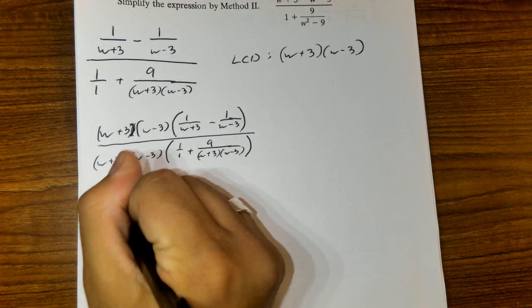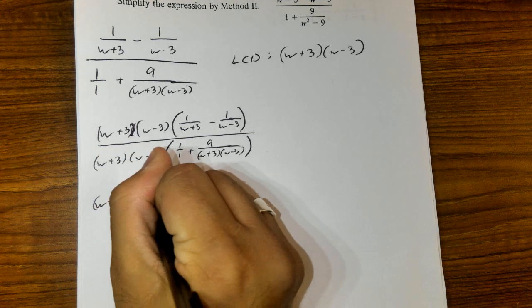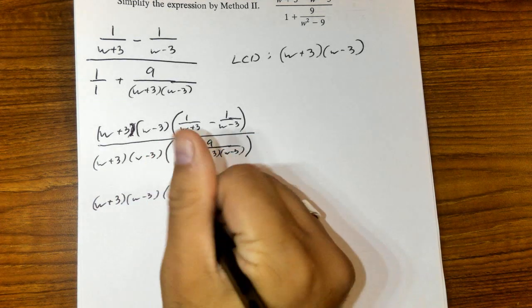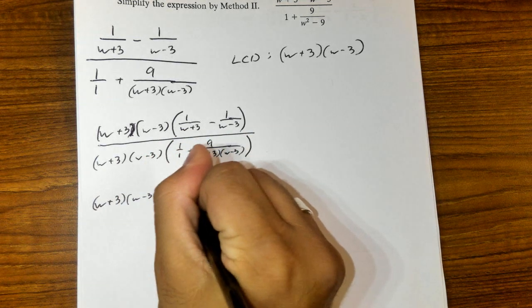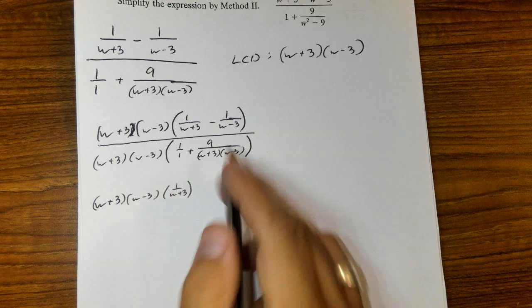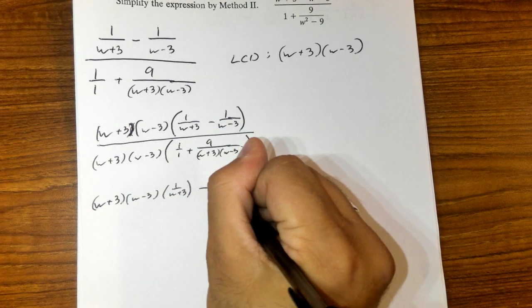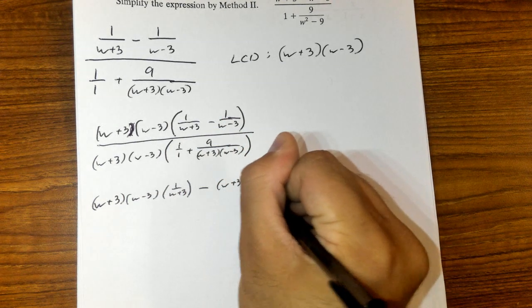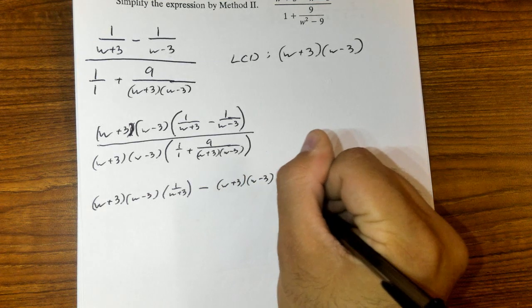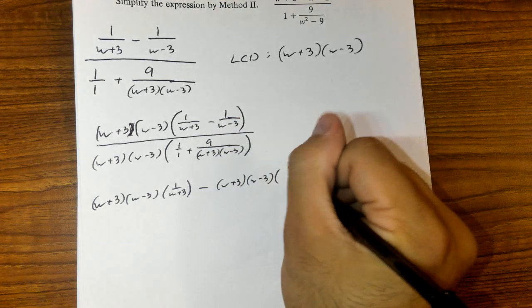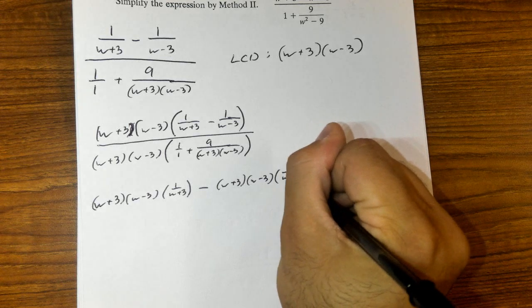So I'm going to write a little bit smaller. W plus 3 times w minus 3 times 1 over w plus 3. That takes care of the first term. Minus sign. W plus 3 times w minus 3 times the second term, 1 over w minus 3.